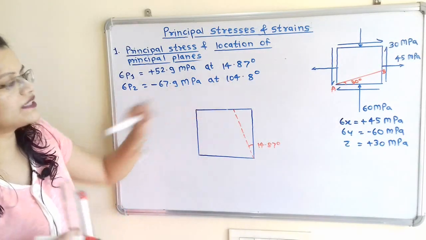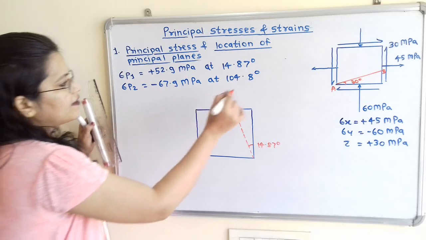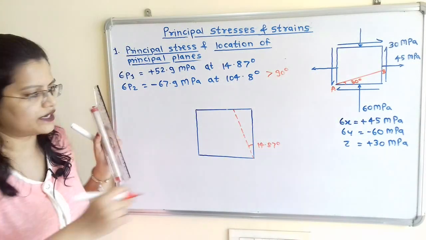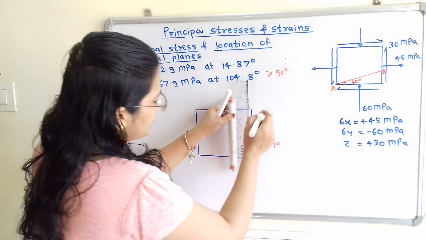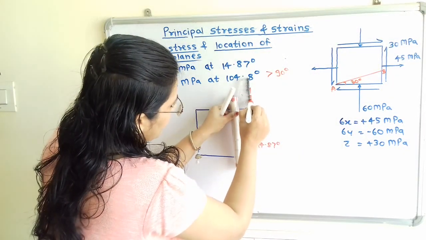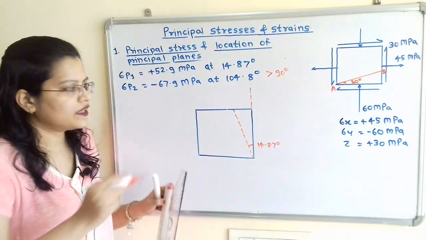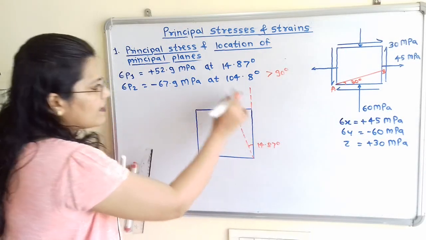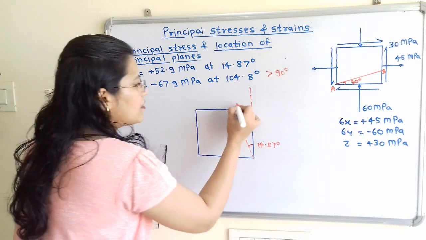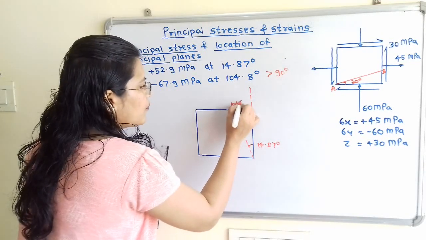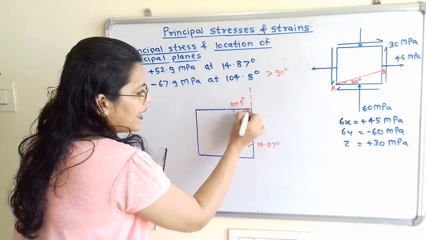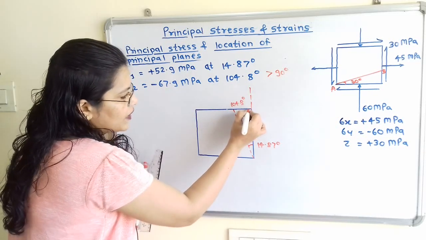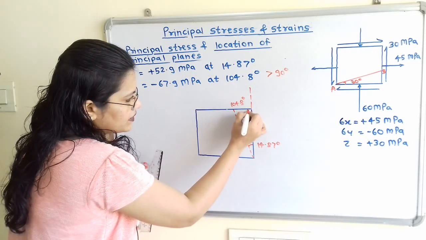Now we will move to the second angle. The second angle is greater than 90 degree, so how to show that? For this front face, I will make one construction. I will extend this line. Now from this line, if I move in the anti-clockwise direction at an angle of 104.8 degree, then the angle between this horizontal line and vertical line is 90, so 90 plus 14.87.